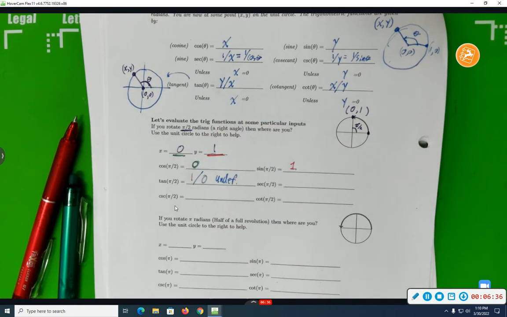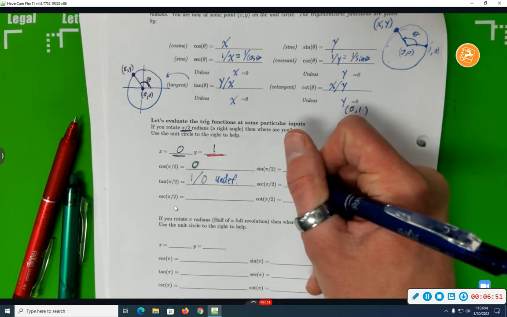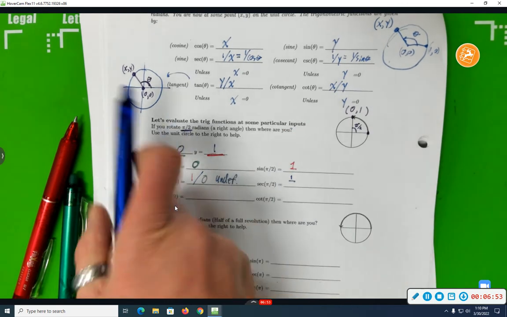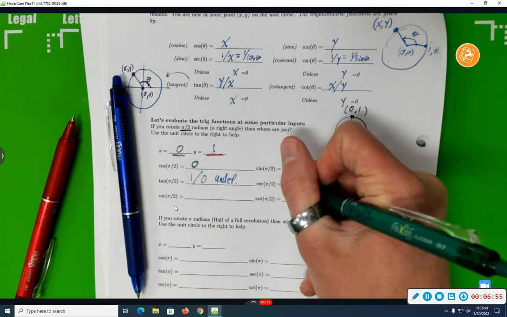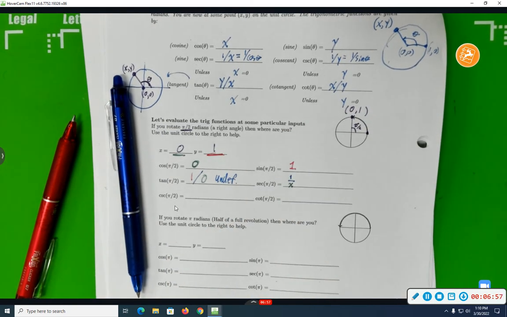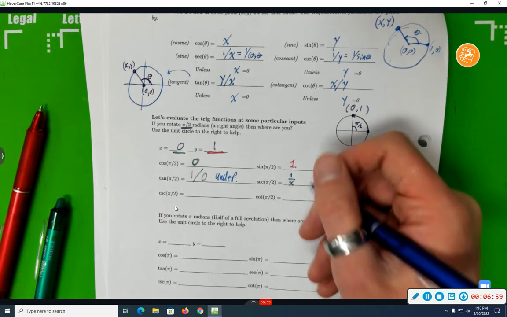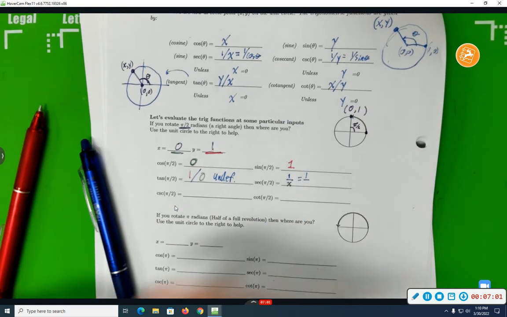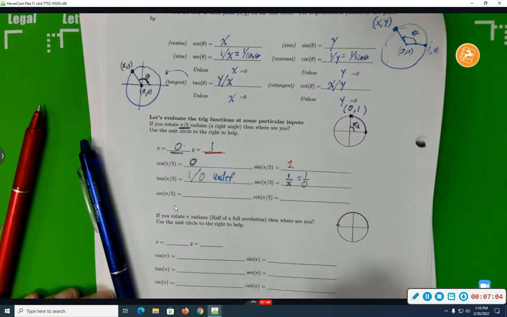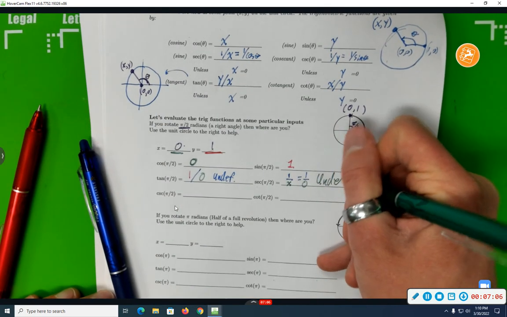What's the secant of pi over 2? I hear an undefined and I hear a 1. Let's go through it. Secant is 1 over the x-coordinate, so that'll be 1 over 0. That's bad. Yes, that's undefined.